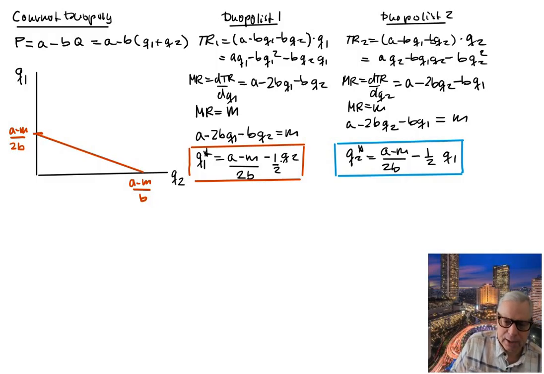Or I tilt my head a little bit like this, now you can see it. I look at the graph like this, and then I know the intercept is actually here at A minus M over 2B, so it's half here.